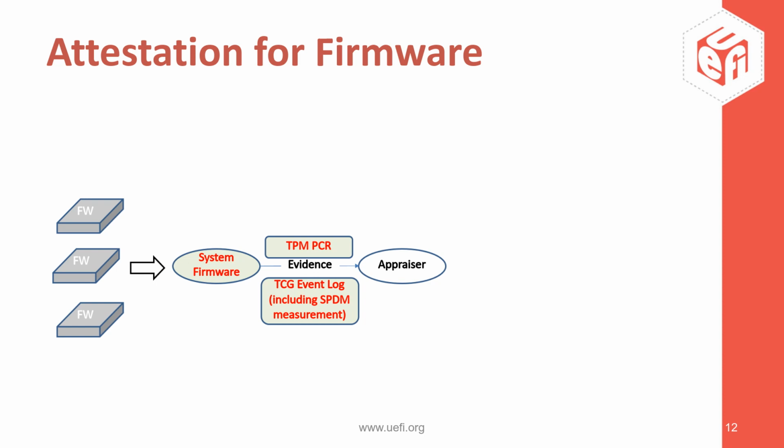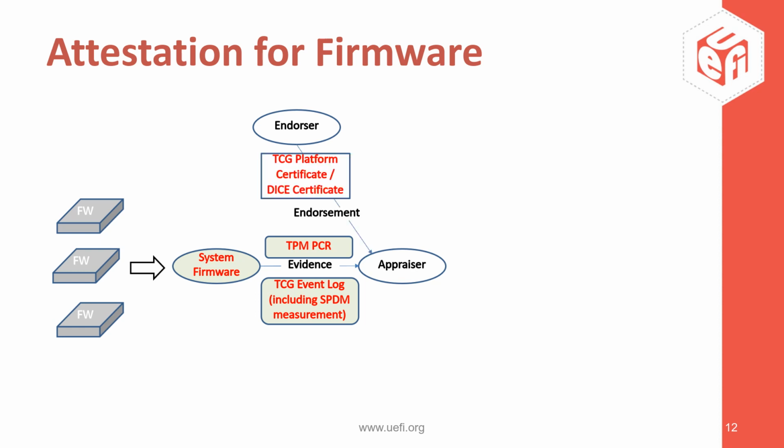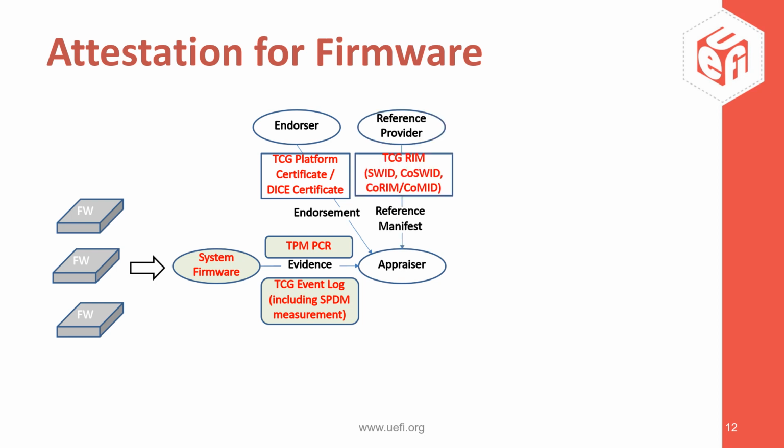An appraiser will take the information from the TPM PCRs and compare it with something that comes from an endorser, say a platform certificate, and maybe the same entity in the supply chain provides the reference measurements, and there are multiple formats of those things today.